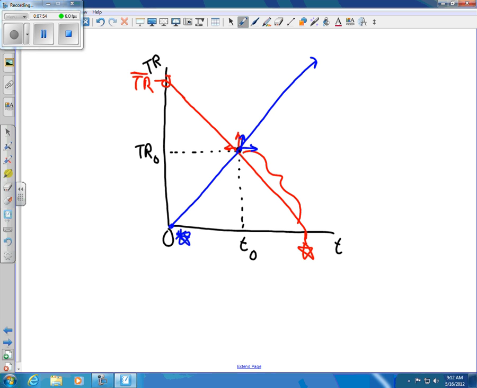Well, that makes no sense because that says if you're way out here, say 110% tax rate, you have a huge amount of tax revenue. But why would anybody work when they have to pay not only all the income in taxes, but also some of their wealth?